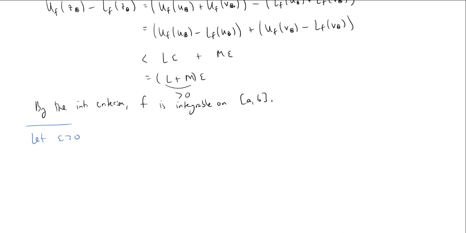Well, we're using this trick again where we want to show two things are equal by showing that they're less than epsilon, or in this case, some positive multiple of epsilon for all epsilon greater than 0. K here is some positive constant. It's even going to be a little wilder than that. It's going to be really crazy.